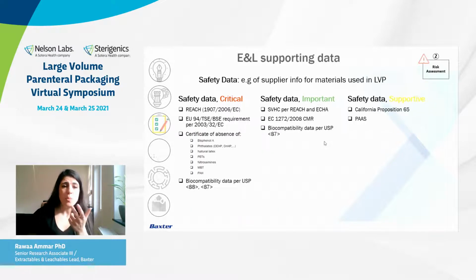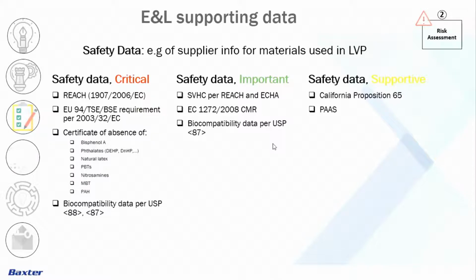The second scope is the supplier info that can feed into the safety data, meaning what are the materials of concern in this packaging system. Of course, we will have to consider the REACH document, the EU directive for TSE, BSE, certificates of absence of bisphenol, phthalates, nitrosamines, natural latex, MBT in case of a rubber, and biocompatibility data or USP classification per <88>.